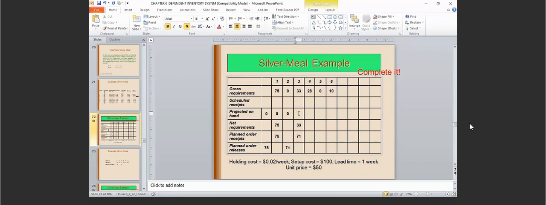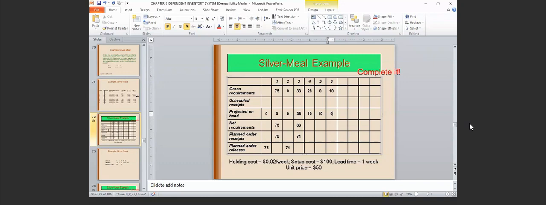And at the end of period 3, we have 38. So we finish our silver meal algorithm in determining the quantity for the MRP table.